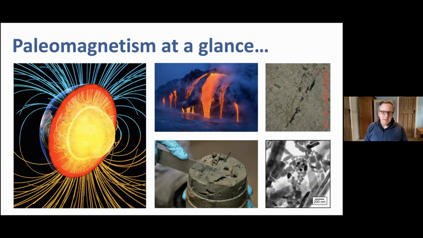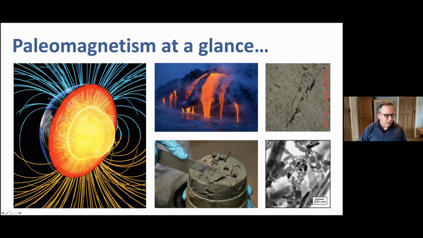This analytical technique relies upon the fact that the Earth has this extraordinary magnetic field, which has a geometry that is well understood, and in which the direction of the field lines around the Earth varies with latitude.